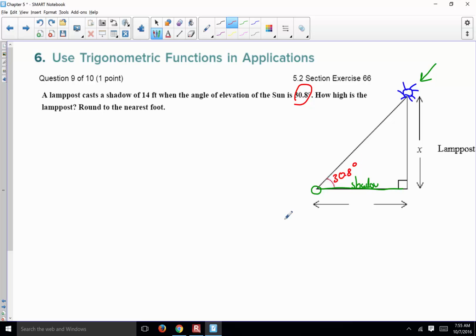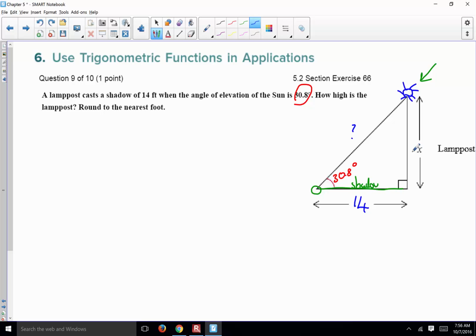The angle of elevation of sunlight is 30.8, meaning it makes this angle with the ground when it hits. Alright, you are trying to figure out x. What we are given is shadow length 14. You're given 14, you're given an angle. We don't know the hypotenuse, but they are asking for x.